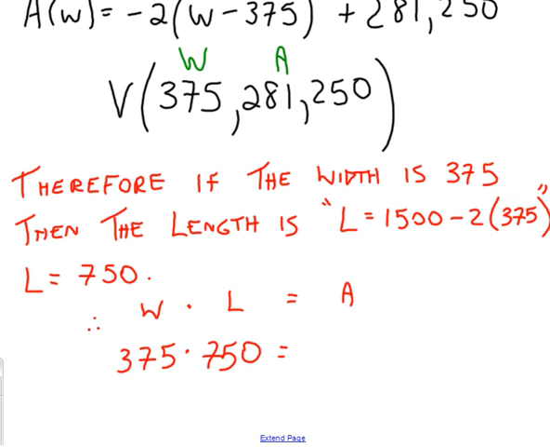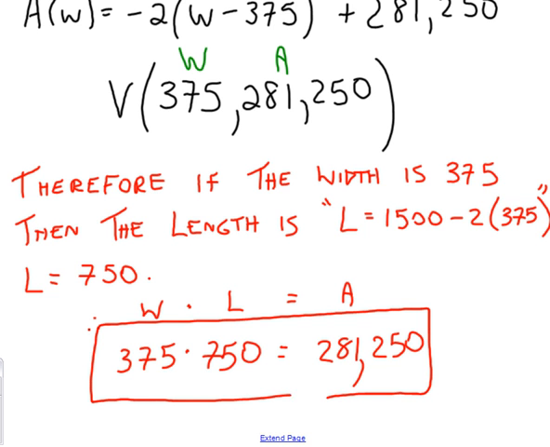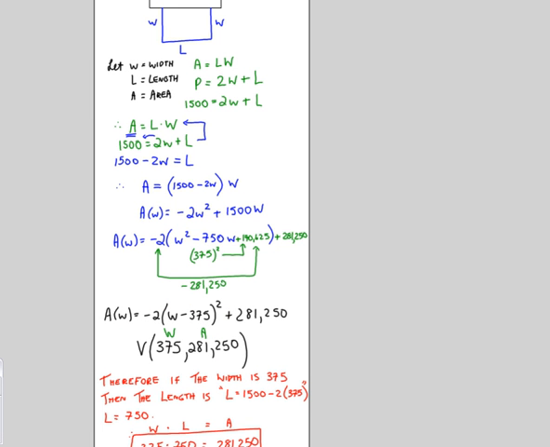It indeed does. So, in conclusion, if the width is 375 and the length is 750, the maximum area that can be built for this, what are we talking about, a dog or a cow, is 281,250 meters squared. That's the biggest pen you could build.